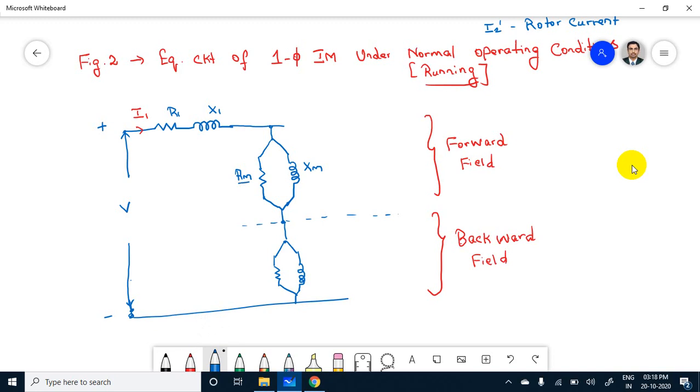So the value will be equally divided, Rm by 2, Xm by 2. Here also Rm by 2, Xm by 2. Understand? And the resistance value will be available at standstill. Since the motor is in standstill, we have to represent.